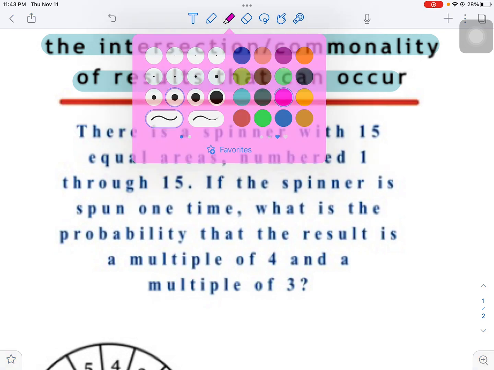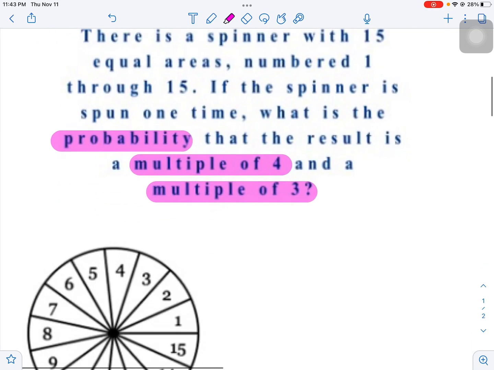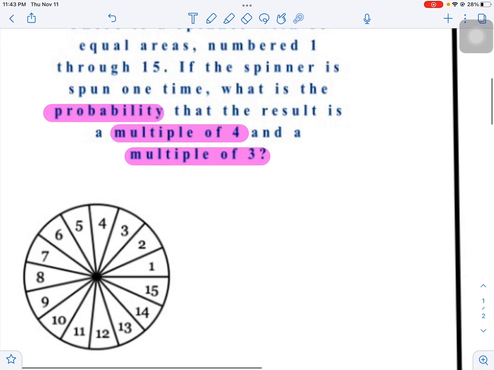This is a keyword. So here is our spinner, 15 equal spaces. Imagine we have the little arrow here, and we spin it, and it spins and spins, and eventually is going to stop.